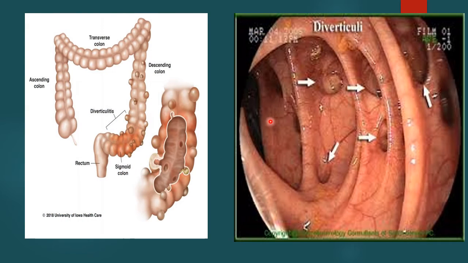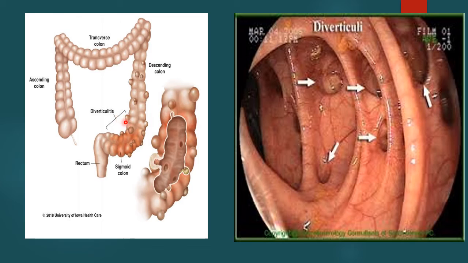This is the endoscopic picture of a diverticular disease. The diverticulum occurs on the left side of the colon. The sigmoid is the most common site, and the descending colon. Together, more than two-thirds of the diverticular disease are confined to this area.